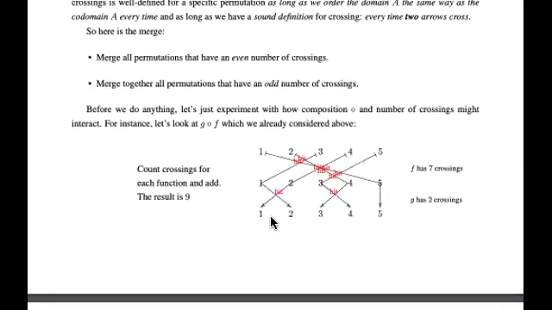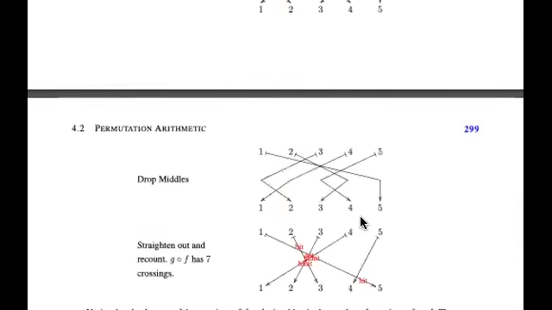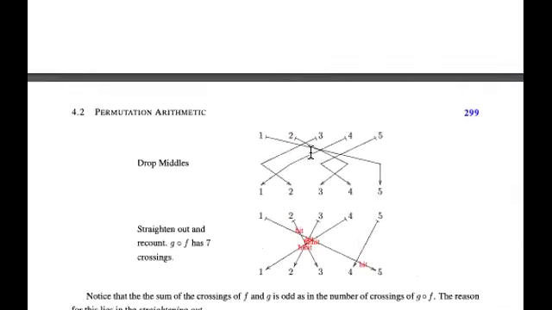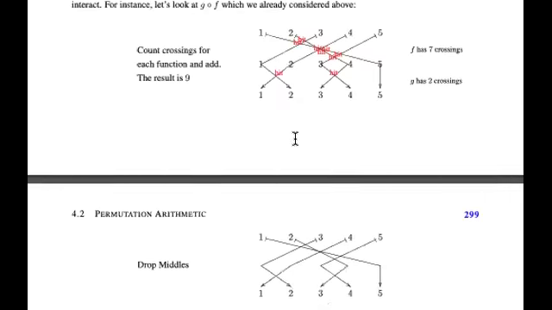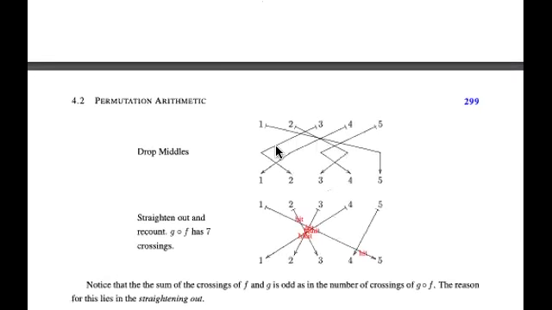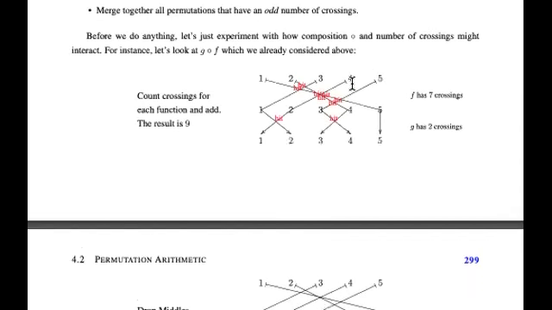Well, let's just look at a composition right here. Let's suppose we do F and then G. So F has 7 crossings, G has 2 crossings. All right. Now we can look at this. Here we draw out what it looks like with just removing the middle numbers, but it has the same kind of shape as this right here.